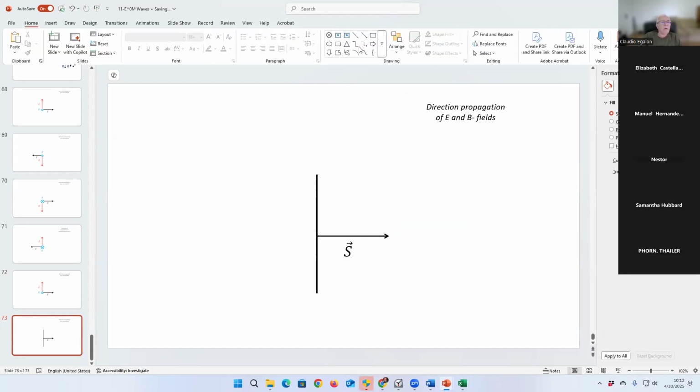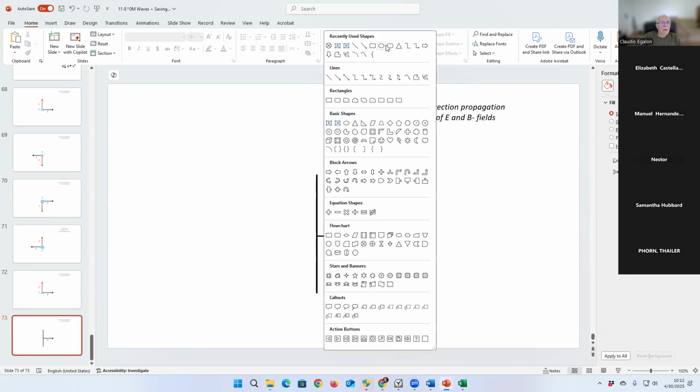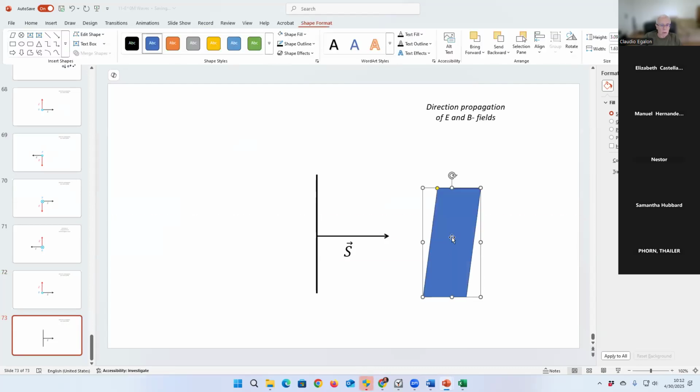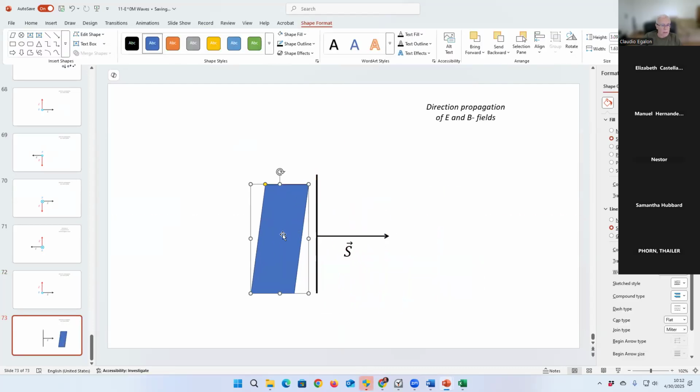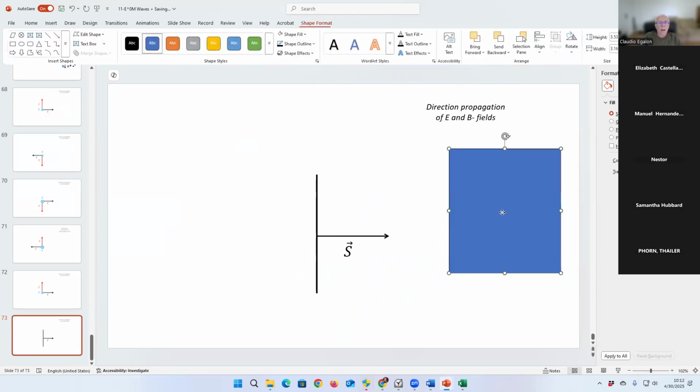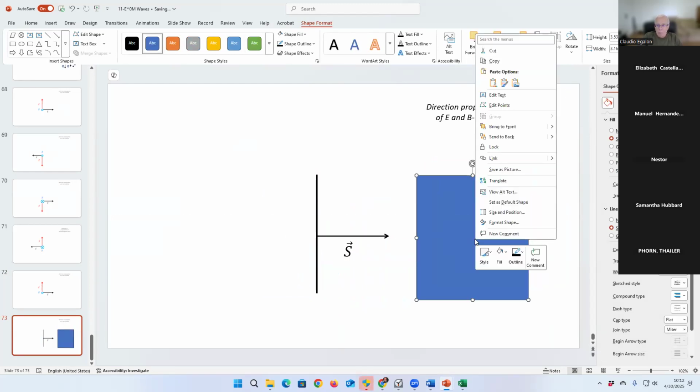I want to do another one to give you the illusion that it's two-dimensional. Let's try this one here. No, okay. I'm going to do it like that. Here you go.